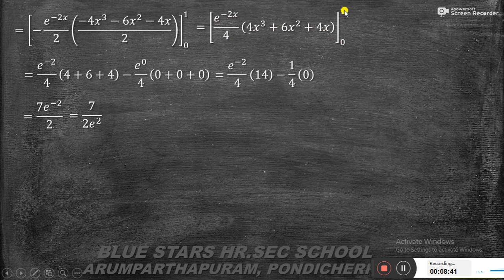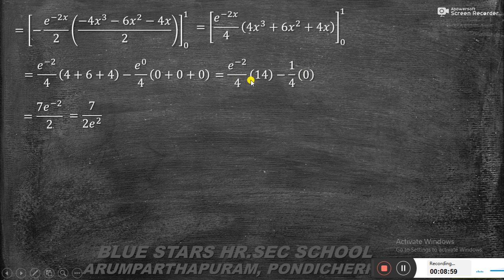First I substitute the upper limit, so x equals 1: I substitute e^(-2) by 4 plus 6 plus 4, minus, I substitute the lower limit. The lower limit is 0, so 0 into anything is 0, therefore the lower limit answer is 0.